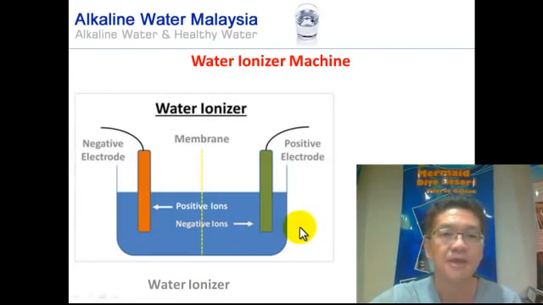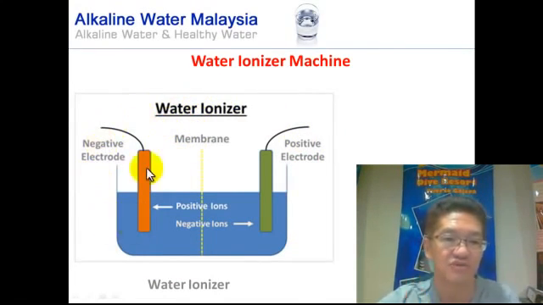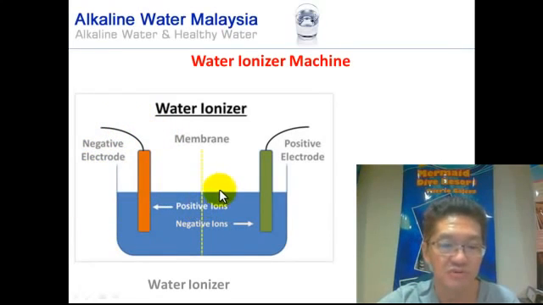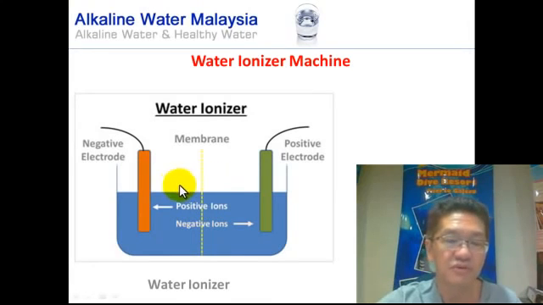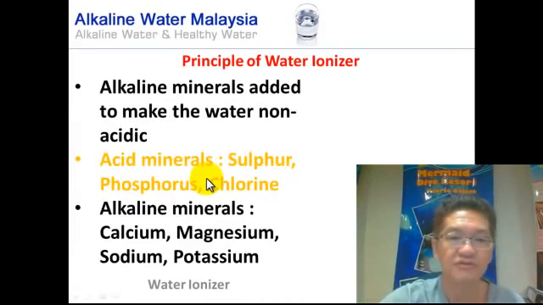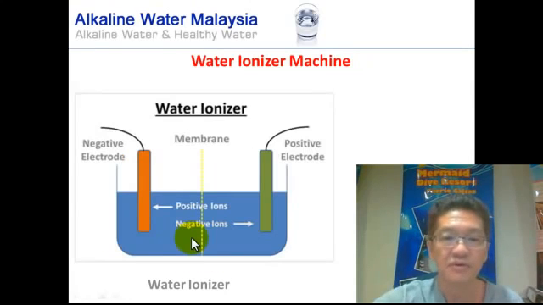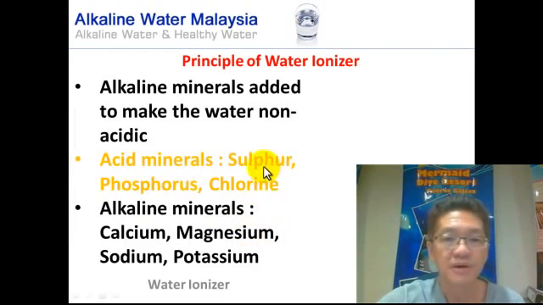Now, coming back to the water ionizer, the negative electrode will attract the positive minerals, which are the alkaline minerals: calcium, magnesium, sodium, and potassium. Whereas the positive electrode will attract negative minerals, which are sulfur, phosphorus, and chlorine.